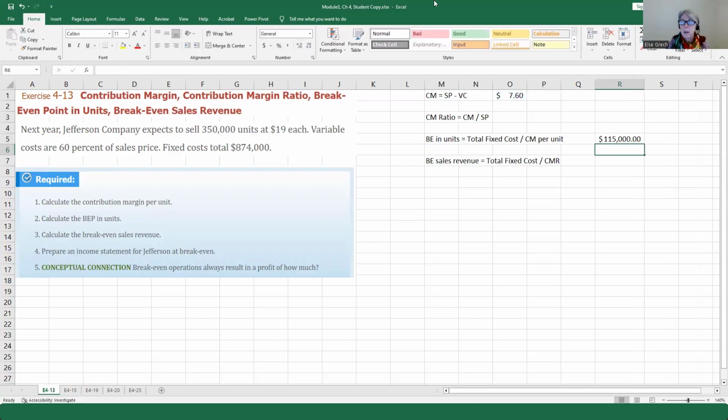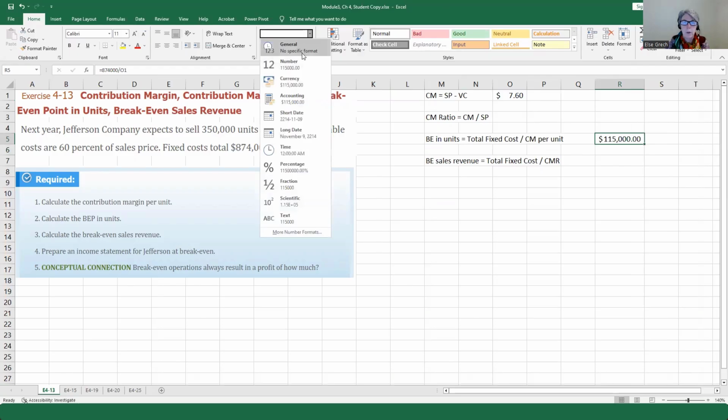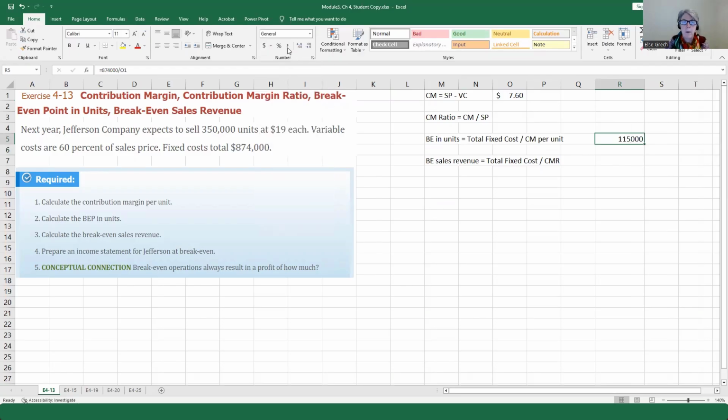And that means this is not dollars. This is units. So we don't want to put it in dollars. We want to put it in general. So this is 115,000 units. I want to be clear, that is units. And again, what am I doing? I'm taking the fixed cost and dividing it by the contribution margin per unit.